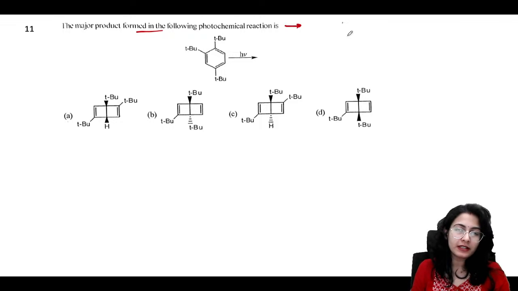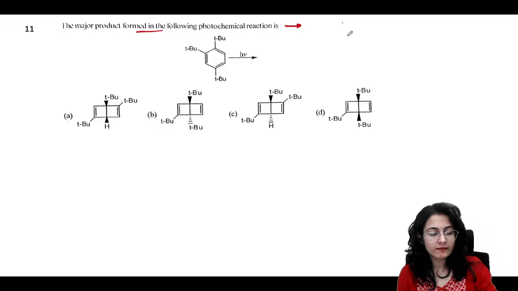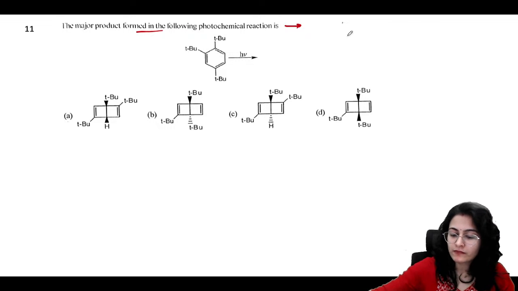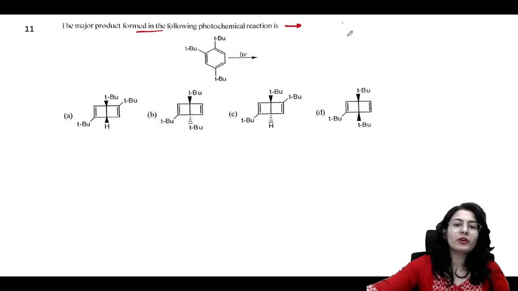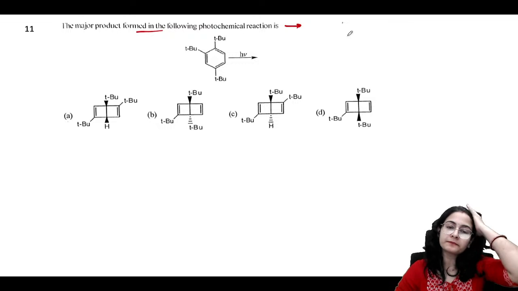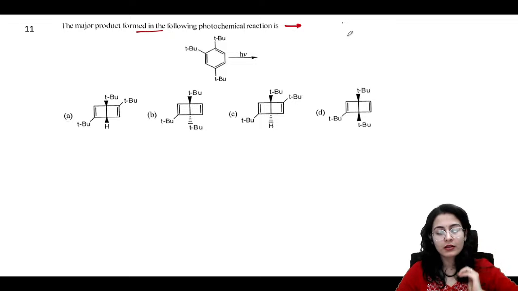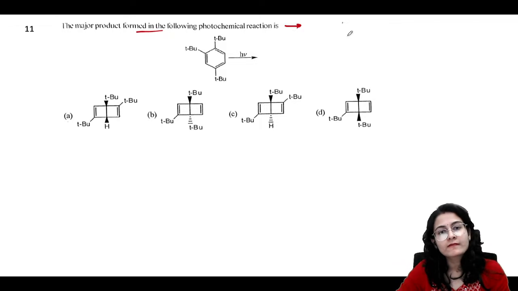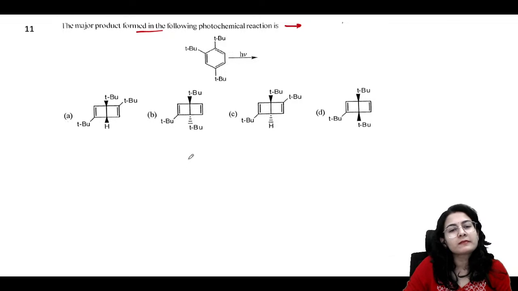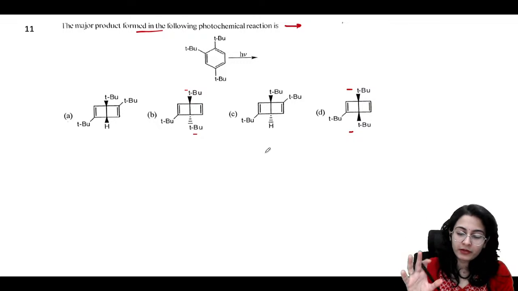Tricky but not so difficult. Major product formed in the following photochemical reaction. Should the tertiary butyl groups, are they supposed to be like this or they are supposed to be like this? Where is it going to cause minimum repulsion?